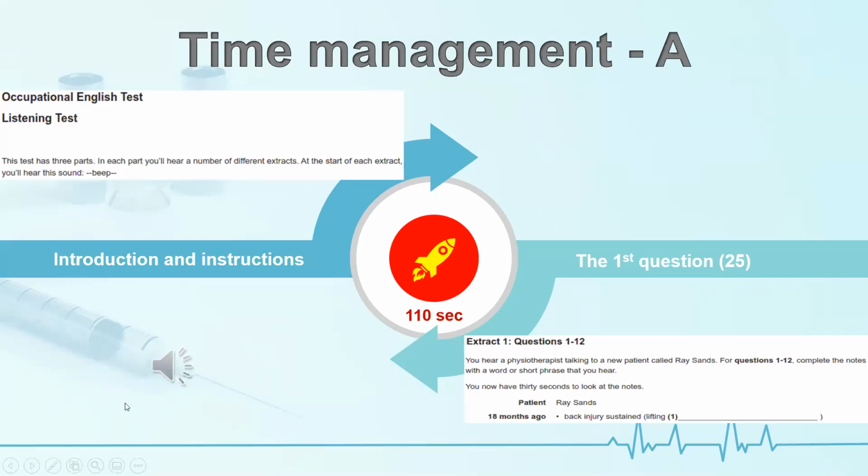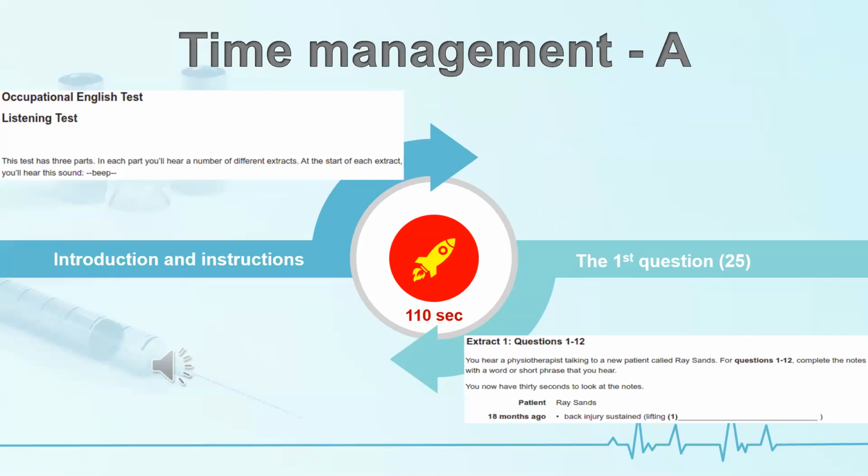Occupational English test. Sample test 1. Listening test. This test has 3 parts. In each part, you'll hear a number of different extracts. At the start of each extract, you'll hear this sound. You'll have time to read the questions before you hear each extract, and you'll hear each extract once only. Complete your answers as you listen.